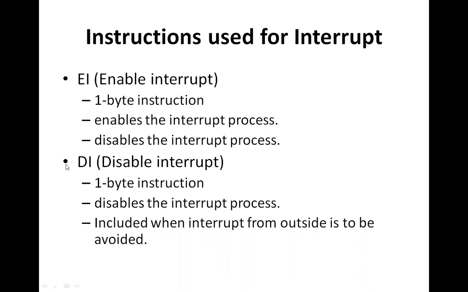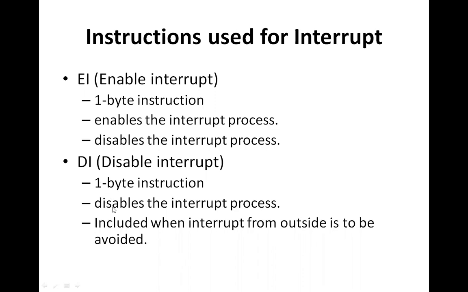And once the DI instruction has been executed, any device which is connected to the maskable interrupt lines cannot interrupt the operation of microprocessor. But once we write EI, any device which is connected with the maskable interrupt line can interrupt the operation of microprocessor.